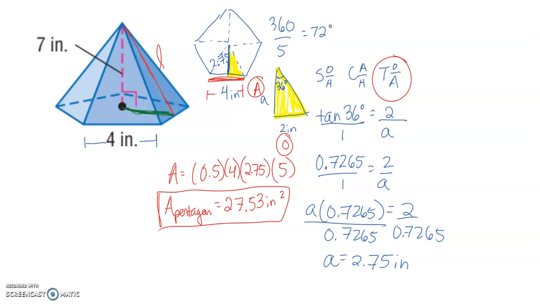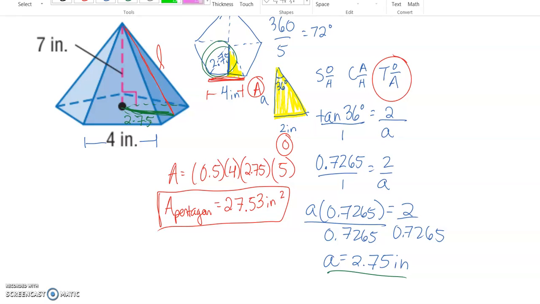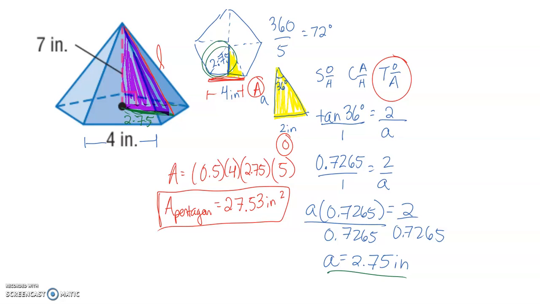Well, if you look at the pentagon, do you see how it's the apothem of that pentagon on the bottom? So go back to our math. We said that the apothem was 2.75, which we solved for down here. So I'm going to keep that 2.75 here, and I'm now going to be using Pythag because I have a right triangle here.